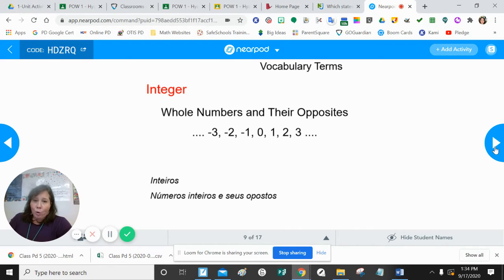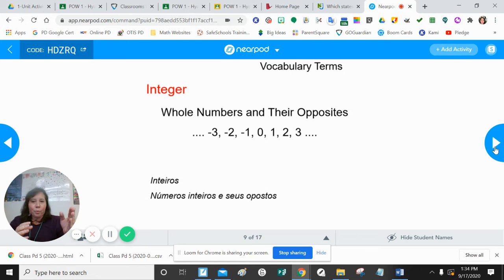So going on with our vocab words, there's different types of numbers that we talk about in math class. We've got decimals, we've got fractions, we've got counting numbers. Counting numbers are things like 1, 2, 3, 4. We've got whole numbers, again, 0, 1, 2, 3, 4. We've got integers.